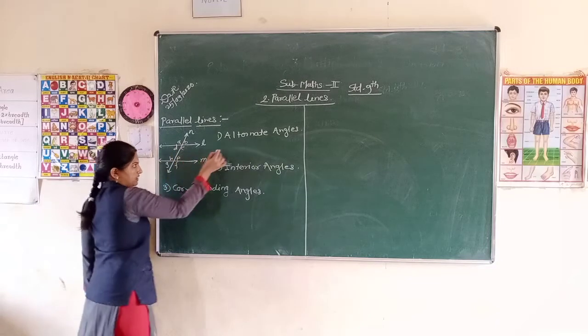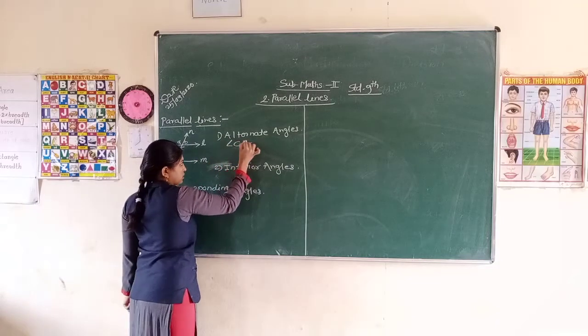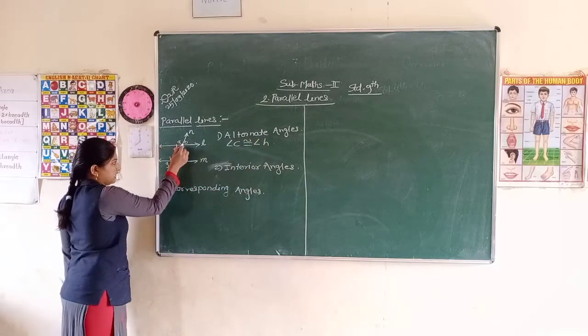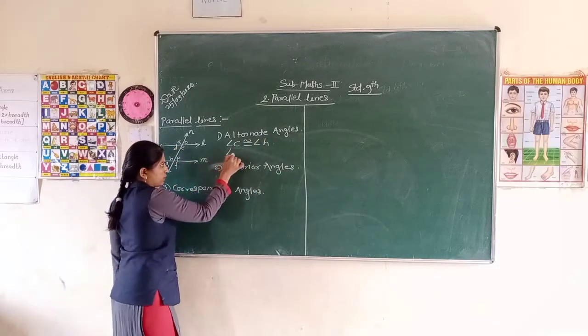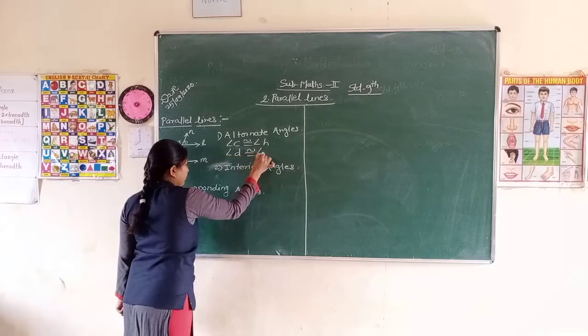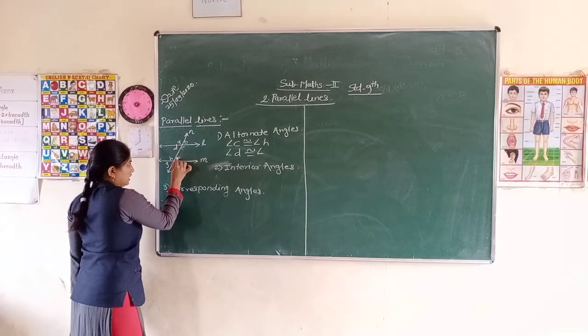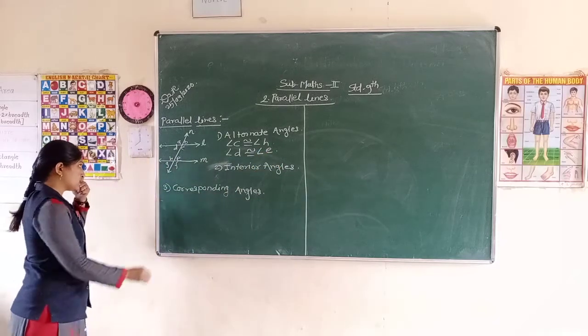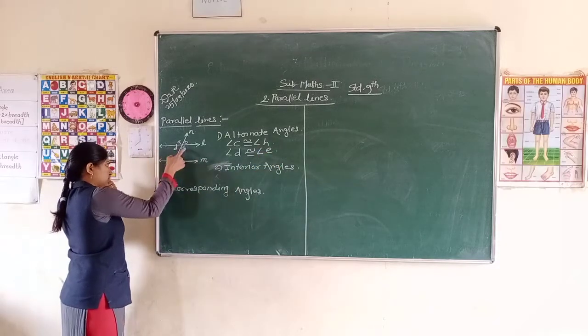C and H. Angle C congruent to angle H. Then angle D congruent to angle E. Okay, interior angles.